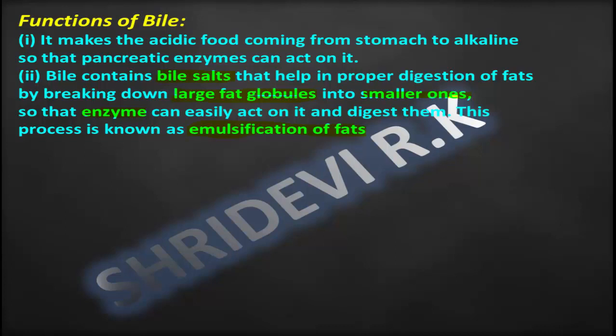So these are the things that you have to remember with respect to the liver, the largest gland of the body. Its weight is 1.5 kg. It is a bilobed organ, a large right lobe and a small left lobe. It contains a small pear-shaped structure called gallbladder, and it stores the alkaline juice called bile juice. The liver consists of hepatic lobules covered by the connective tissue called Glisson's capsule.